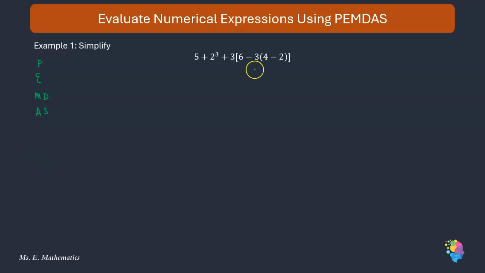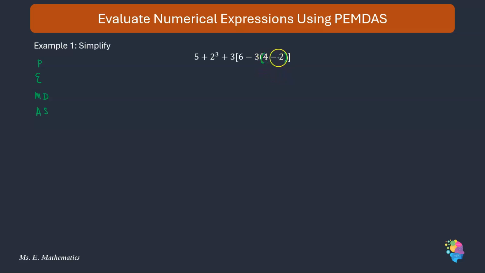We have two pairs of grouping symbols here, the square brackets and the parentheses. Whenever you have more than one set of grouping symbols, we start with the innermost. So we are going to do these first.